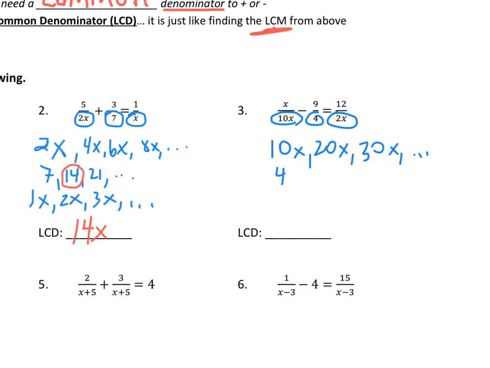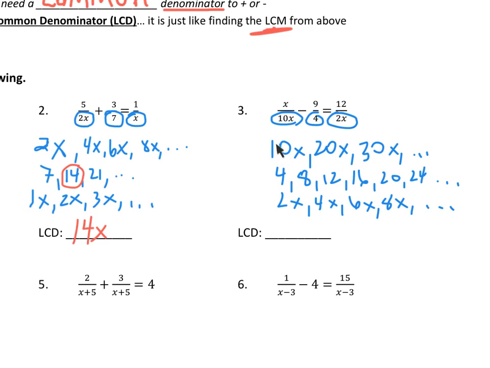Count by 4s. That's the next denominator. 4, 8, 12, 16, 20, 24, and so on. And then 2x. 2x, 4x, 6x, 8x. You can keep listing that out. I'm going to kind of think about it in my head because I see that the 10 hits 20.